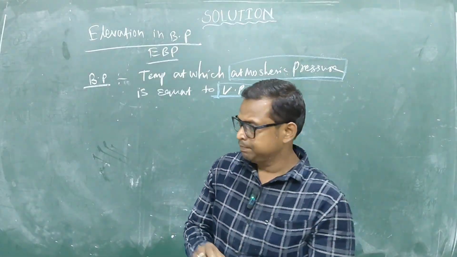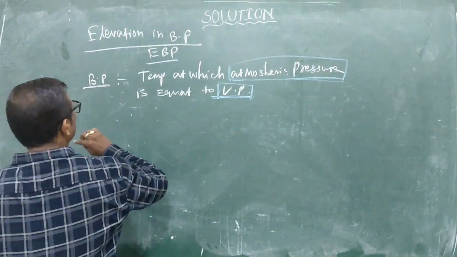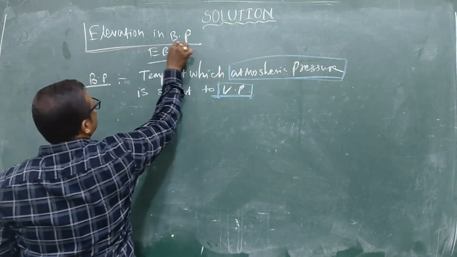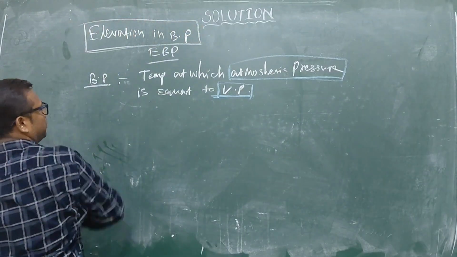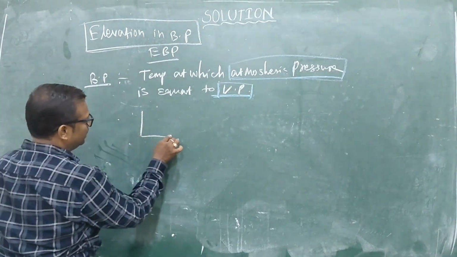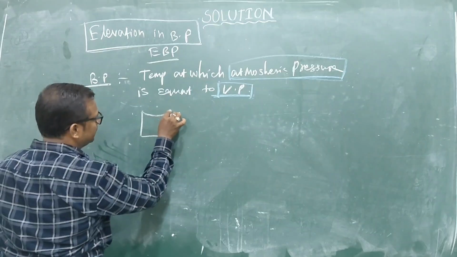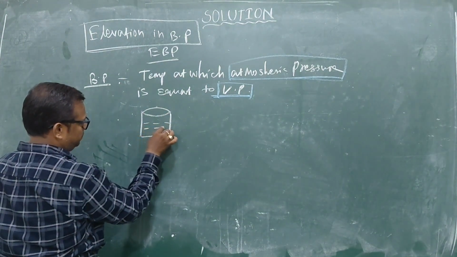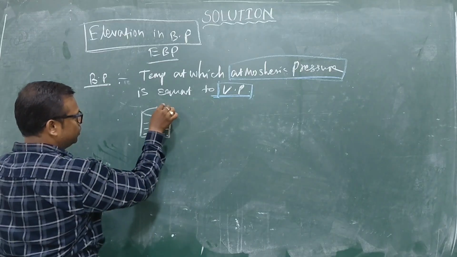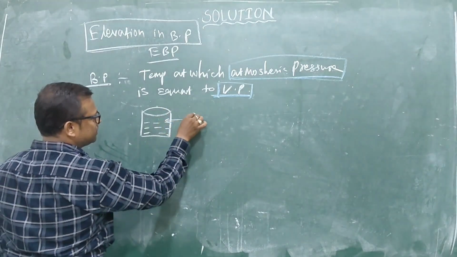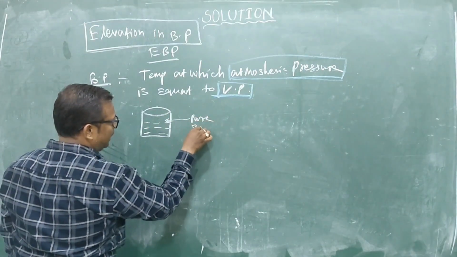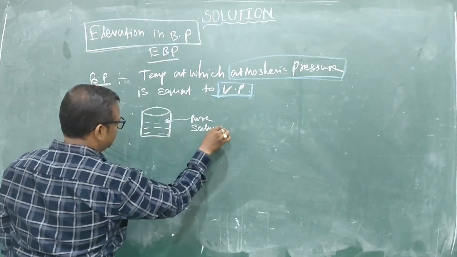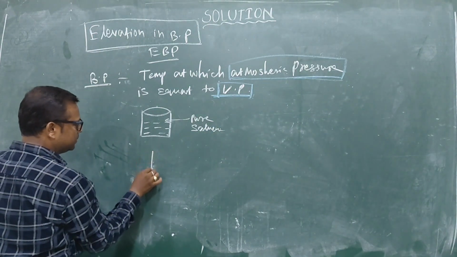So let us see why elevation in boiling point is a colligative property. Let us take a beaker. Here we are taking only pure solvent. Suppose the pure solvent is present in this beaker and you apply heat.